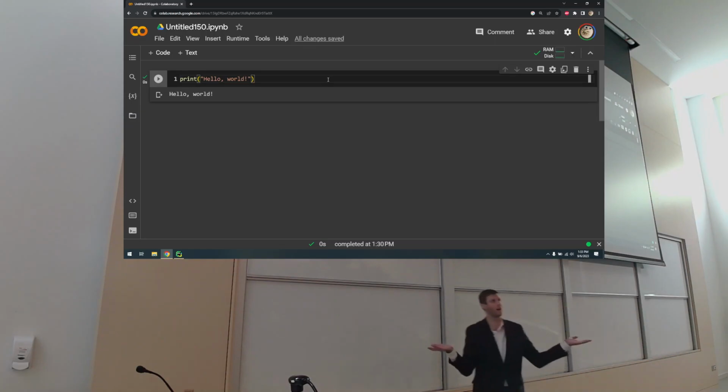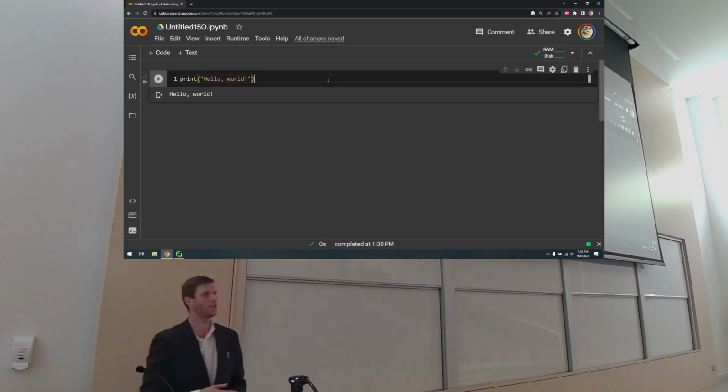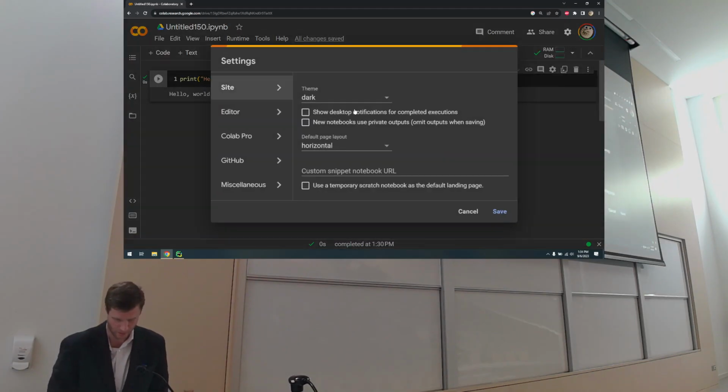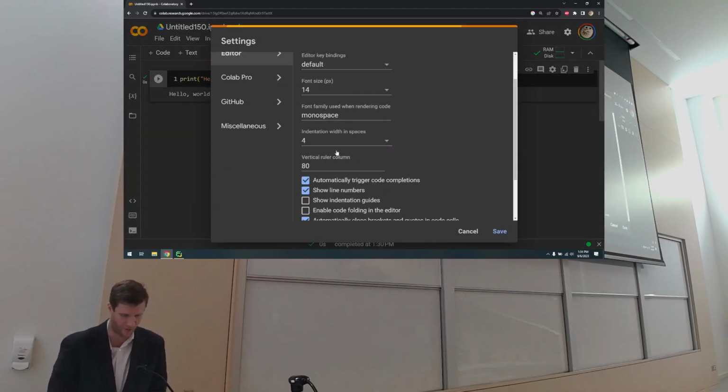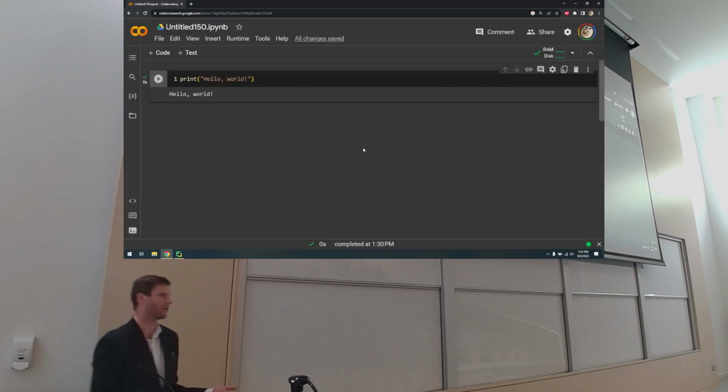Any questions about Hello World? Did anyone try to get it going, but it didn't work? One thing, if you go to settings, editor, there's a lot of options for you, but one of them, show line numbers, I recommend that you turn on. It makes it easier to refer to specific lines of code.